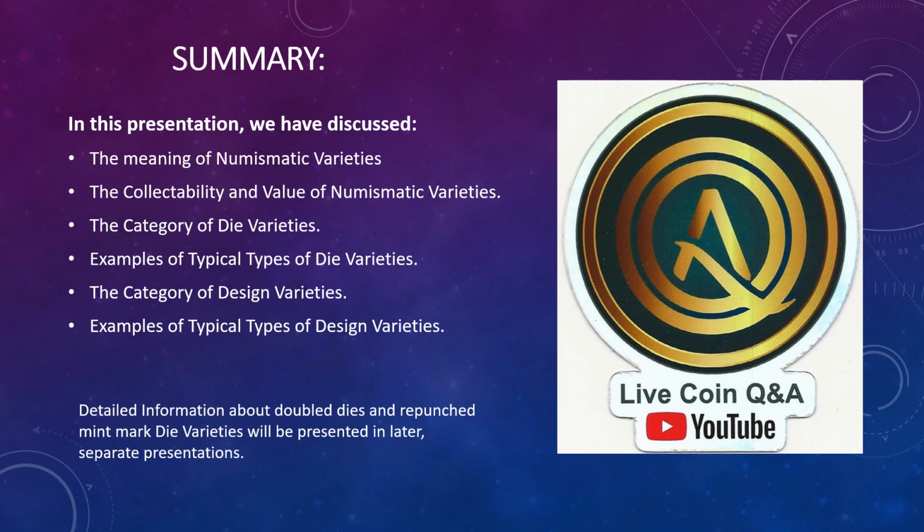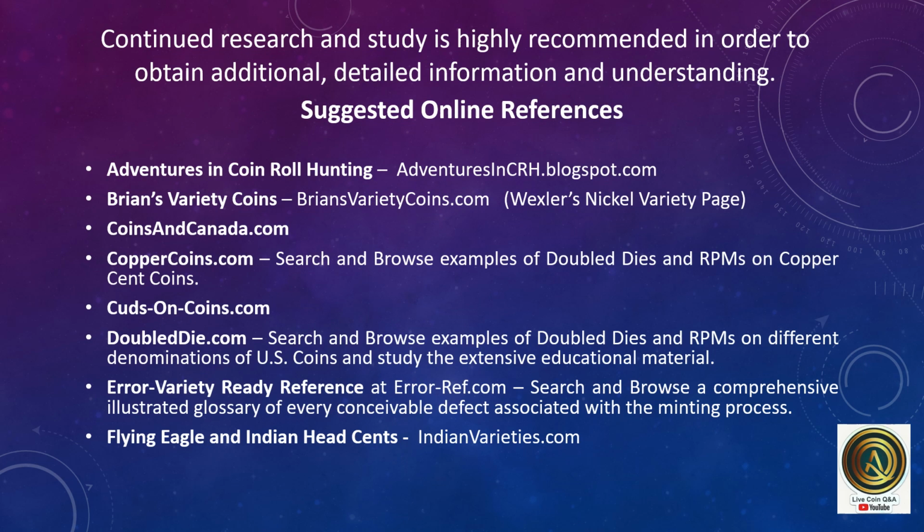Detailed information about double dies and repunched mint mark die varieties will be presented in later separate presentations. Continued research and study is highly recommended in order to obtain additional detailed information and understanding.